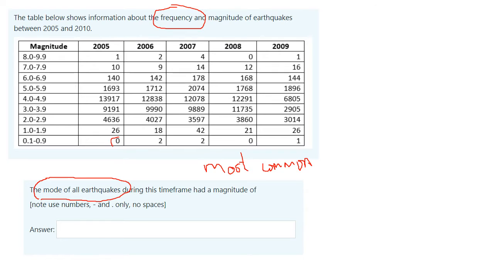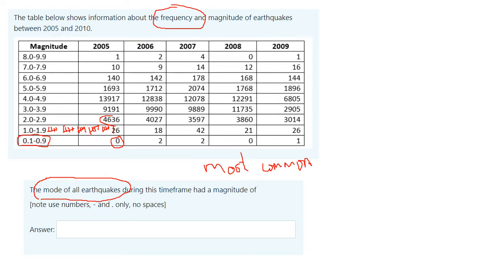So there were 0 earthquakes between 0 and 0.9. There were 26 earthquakes that had between 1 and 1.9.